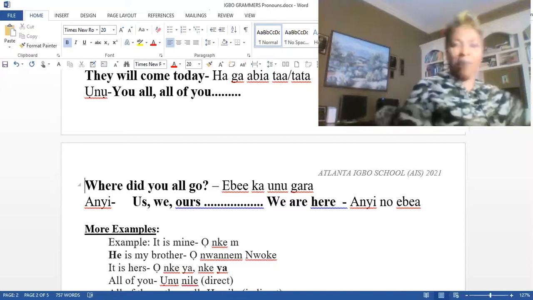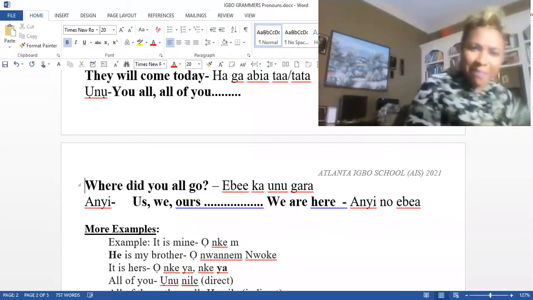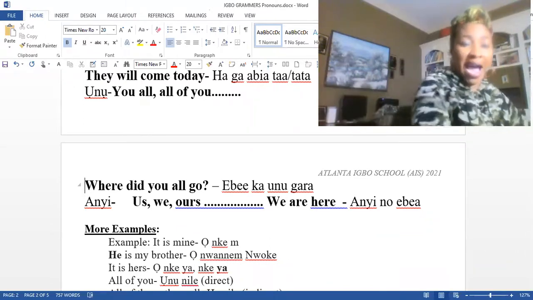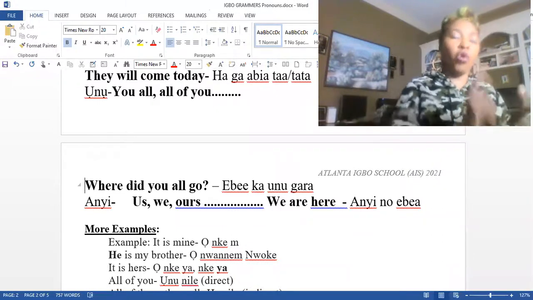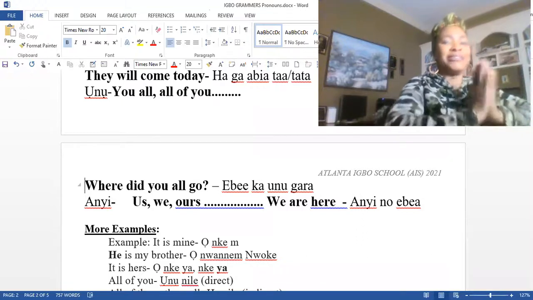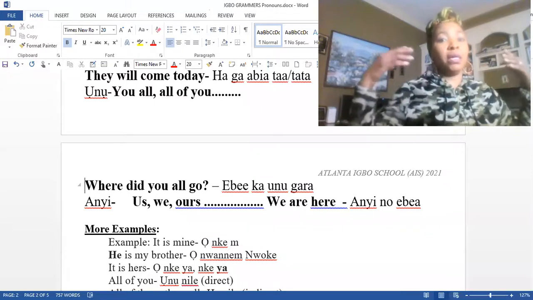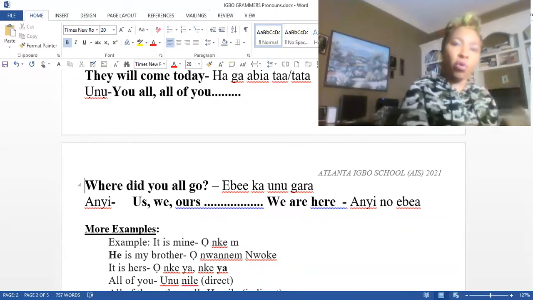When you say, I was with this group of women, group of men. Men is ụmụ nwoke, ụmụ nwanyị, school children, ụmụ akwụkwọ. So ụmụ and ndị represent the plural when you're trying to say women, men, school children; we say children, so you use ụmụ.